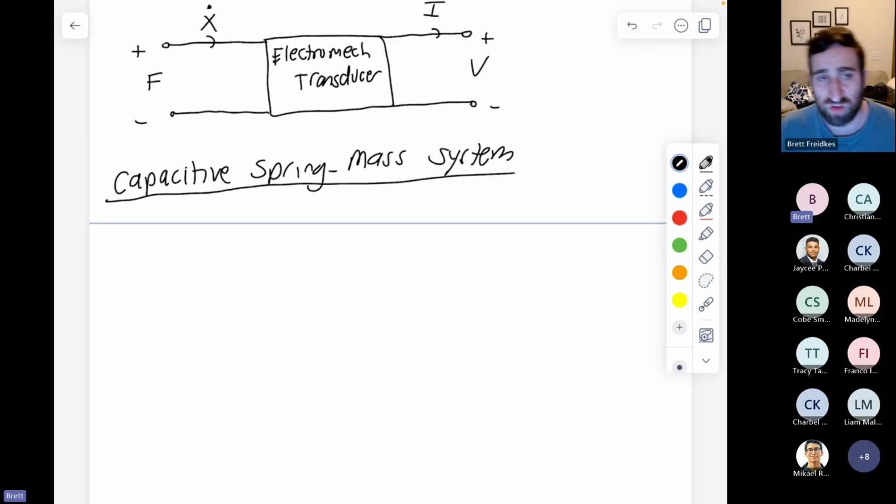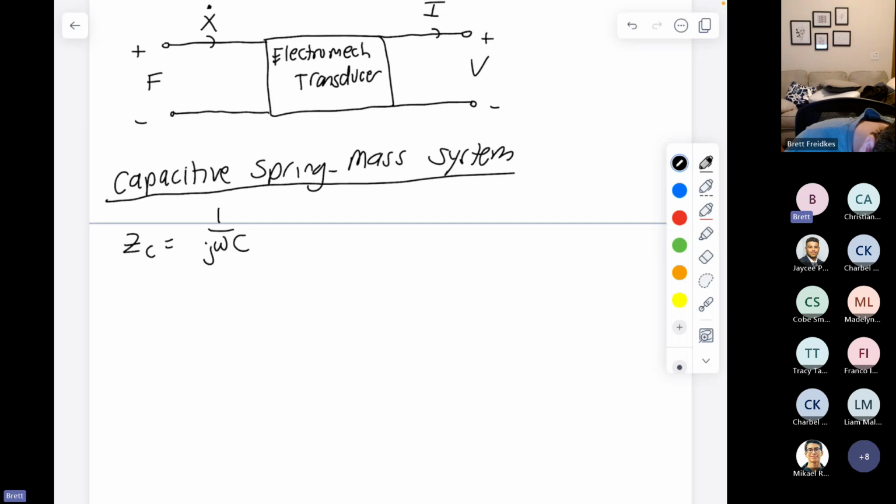Before we jump into that, I want to remind you of the different equations that we've seen for a capacitor. First off, we know that the impedance of a capacitor is 1 over j omega C. We've seen that a good amount. What was the relationship between capacitance and the geometry?